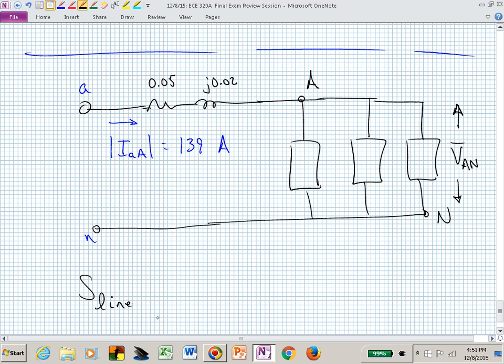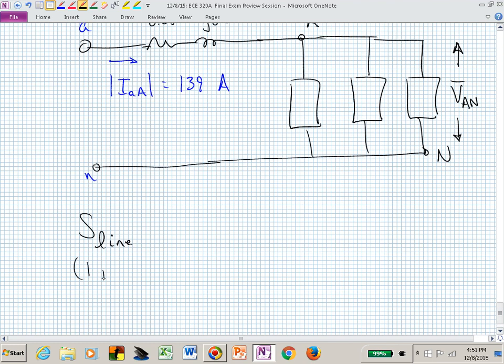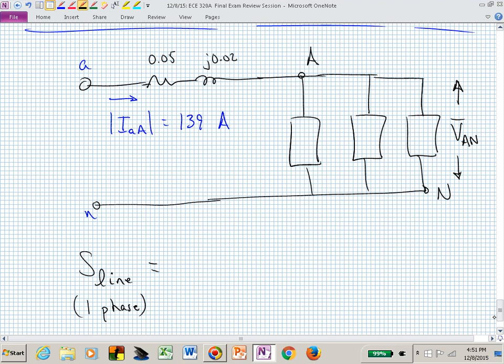And this would be just one phase. How would we find that? What's a formula for the complex power that we could fairly quickly use?